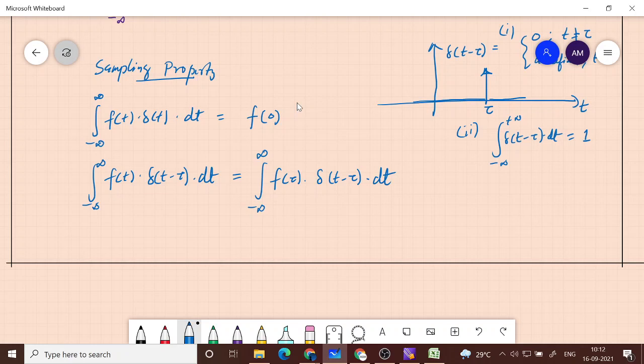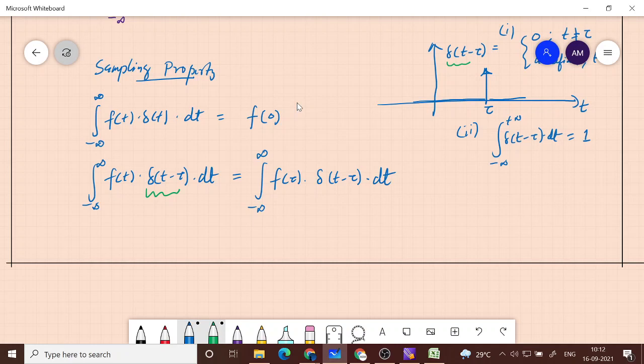Yes, sir. In that part I got confused, sir. They have replaced t with tau, sir. And our desired result is that we should get 0 or 1, sir? No. You see, this particular function is what I have plotted here. It is 0 except at t equal to tau, so everywhere else it is 0.